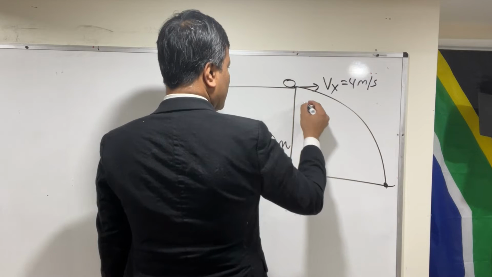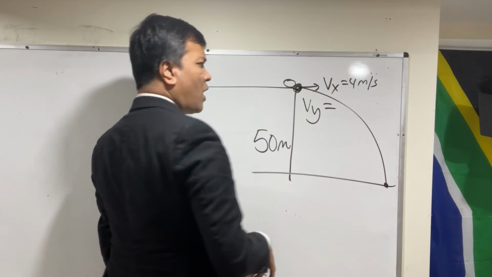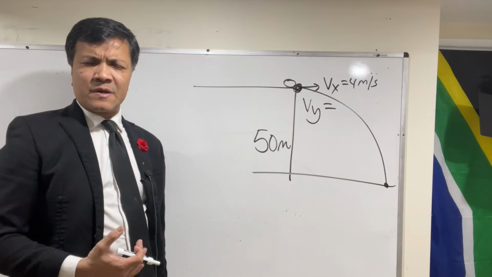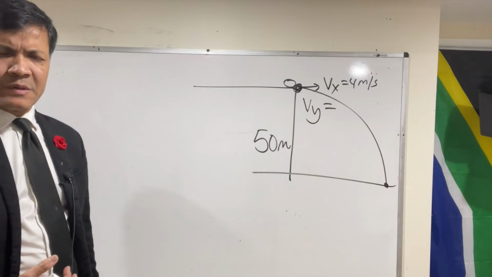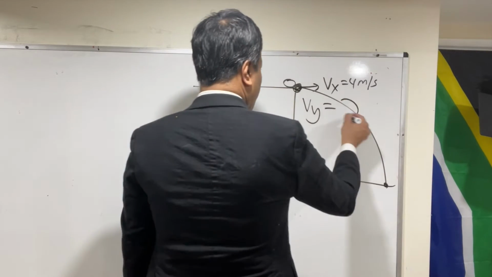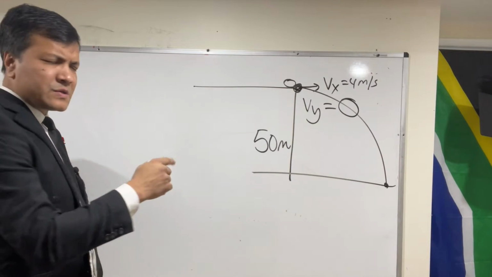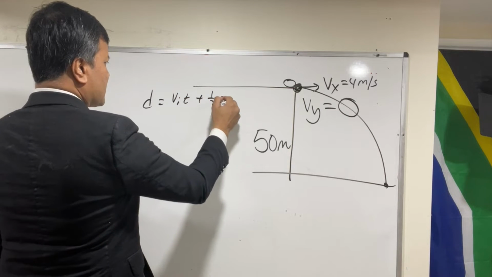What you're going to use is vy here at the top when the ball is rolling off the rooftop with 4 meters per second, and that is of course 0, and that is what you need to find, of course, the time. So d is equal to vit plus half at squared.